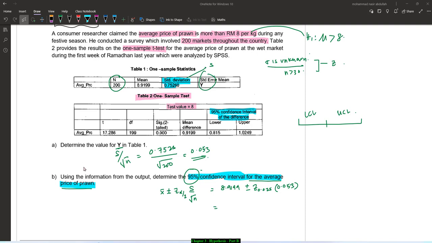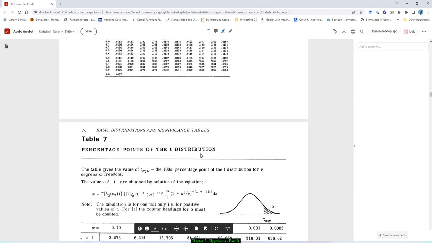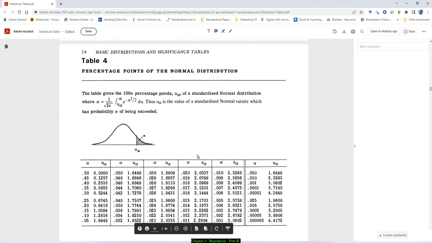What is the answer? Look in the table. Z 0.025 should be 1.96.